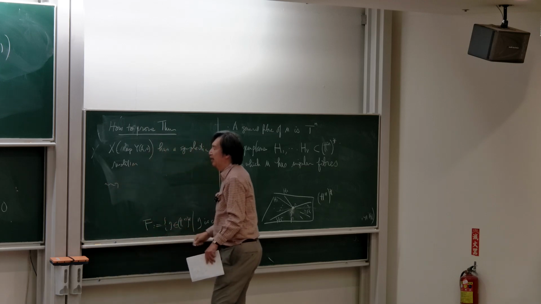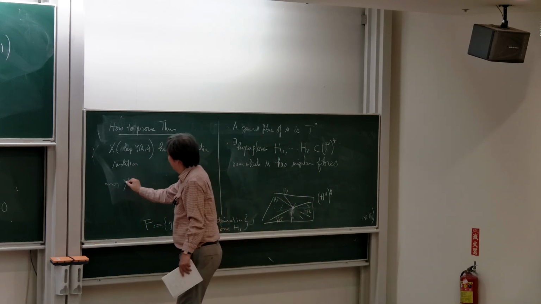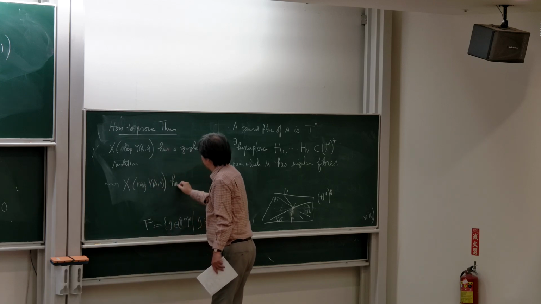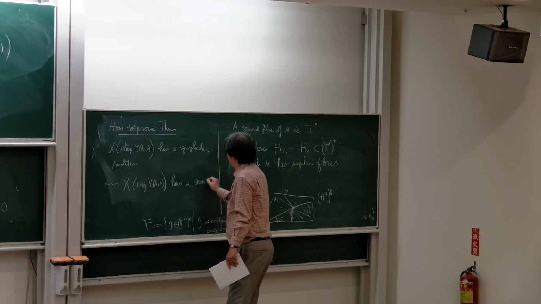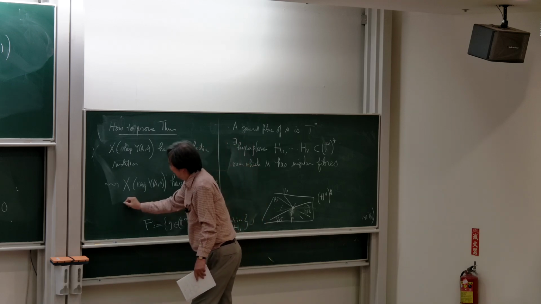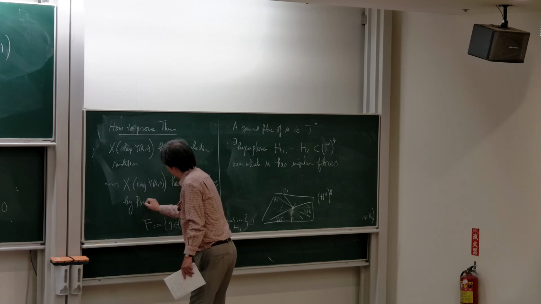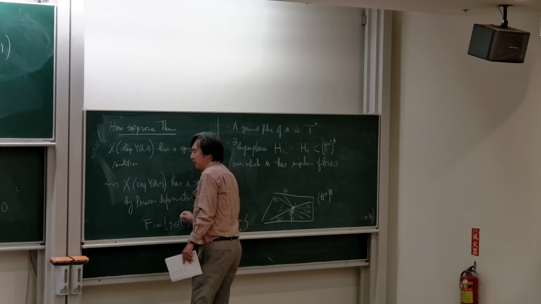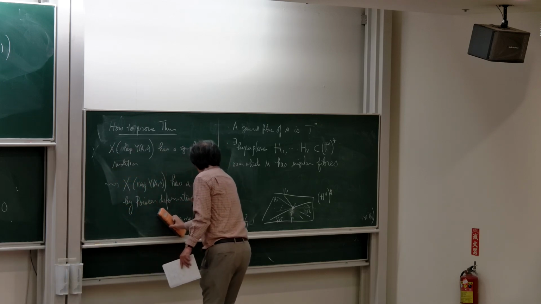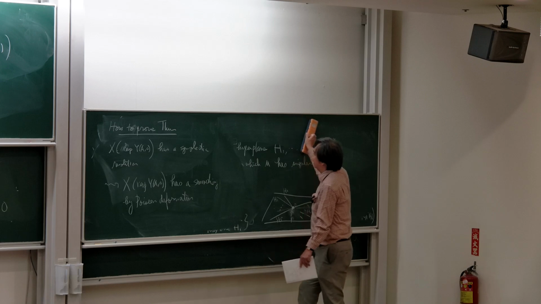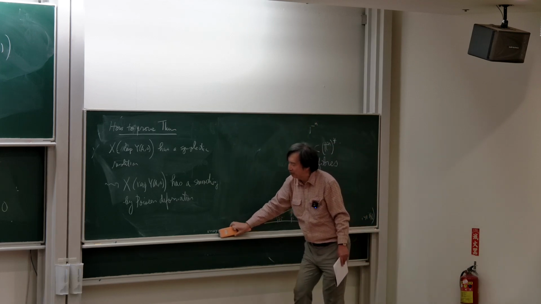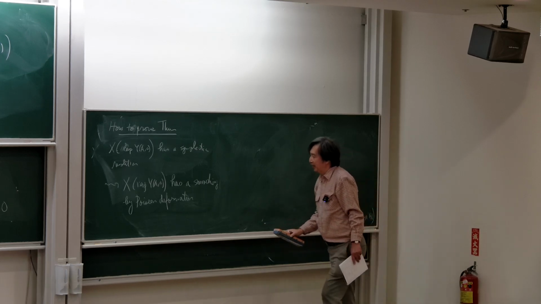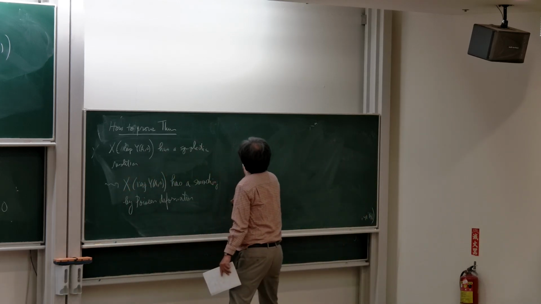Then this means that X, or Y_A0, has a smoothing by Poisson deformation, a flat Poisson deformation. A Poisson deformation is a deformation of the pair of the variety itself and the bracket. And it becomes a finite dimensional space, and so we take such a smoothing.